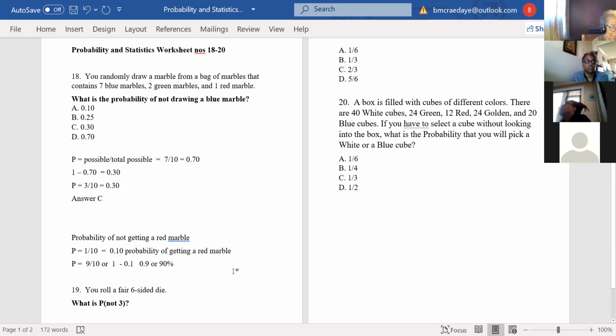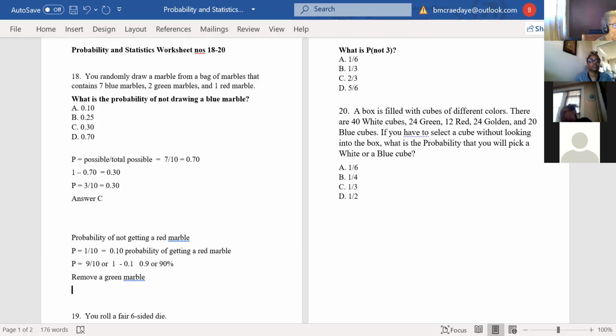Now, let's take this a step further, because we were talking about independent and dependent events. Suppose you remove a green marble. Now, tell me the probability of getting another green.